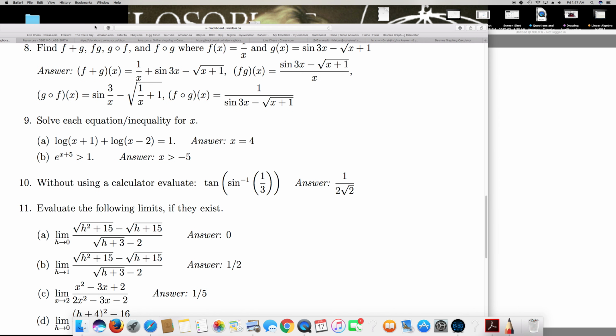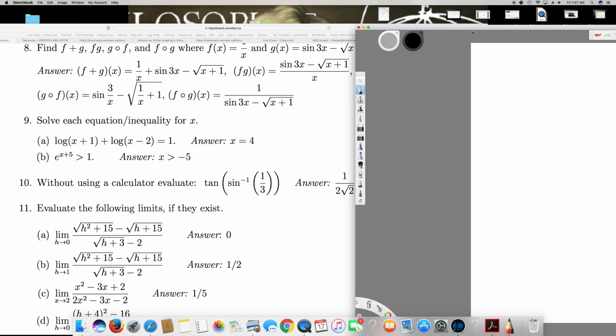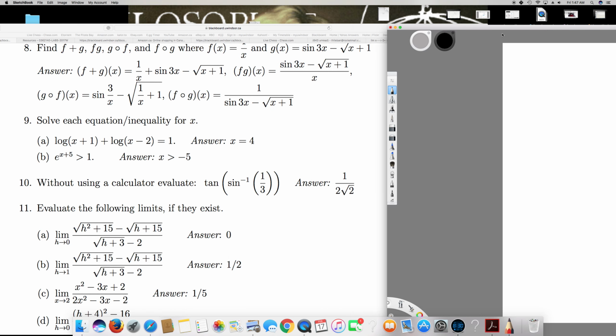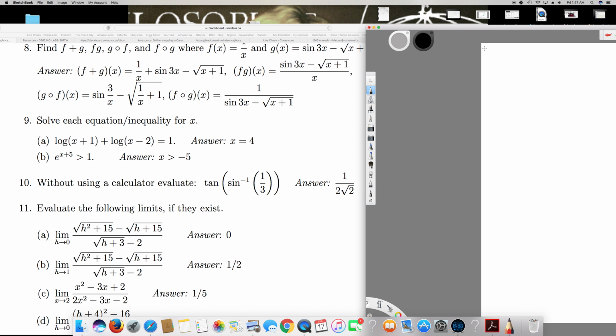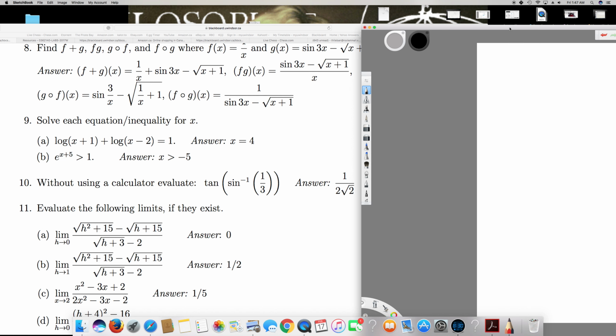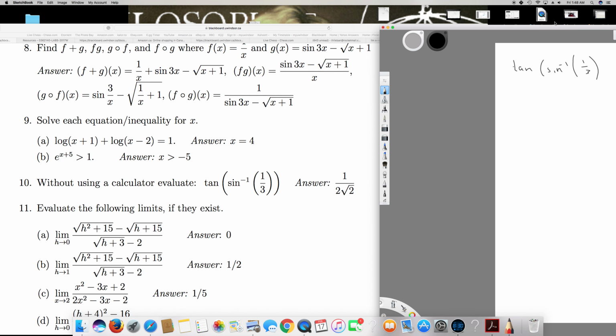Without using a calculator, evaluate tan of sine inverse 1 over 3. Let's see. Tan is sine over cos.